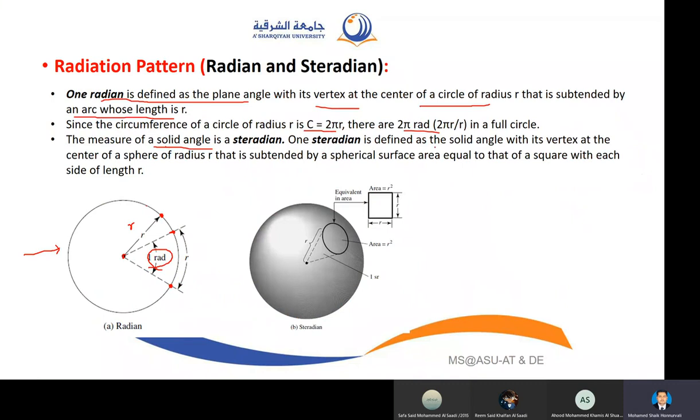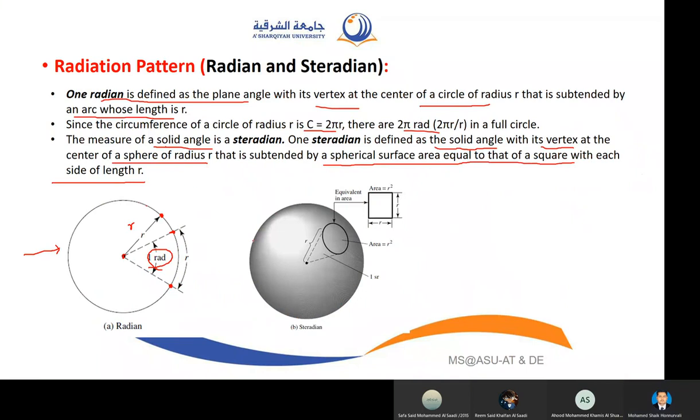A steradian is defined as the solid angle with its vertex at the center of a sphere of radius r that is subtended by a spherical surface area equal to that of a square with side length r.